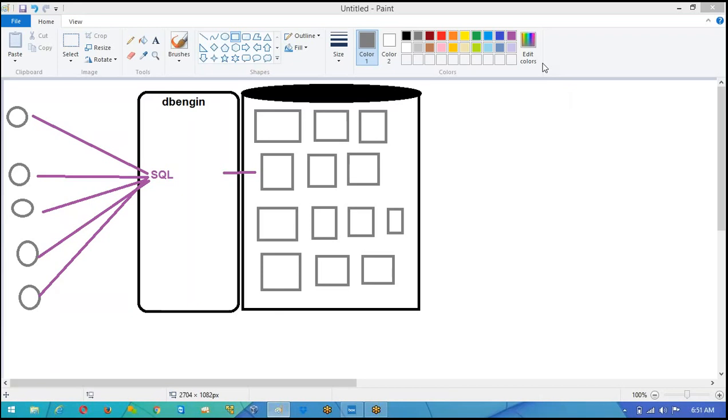Now I am talking about the operating system level, disk level, OS level, the disk and OS combination. Is there any way in your operating system to store data in the form of a table?